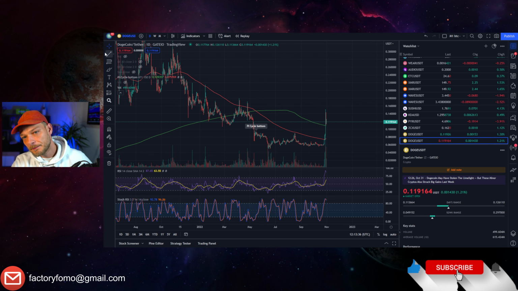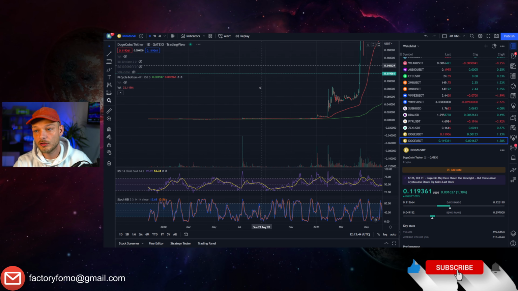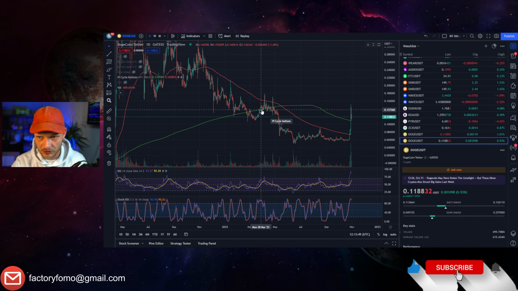On the left right here, you have all these different tools, right? So this right here, the cross, you can also use the dot, whatever. You can use it just to zap through the chart, right? This is what you do with it. You can also use the control button, then you can do all other stuff with it, play around with it a little bit, right? These are your trend lines. You have your vertical trend line right here.